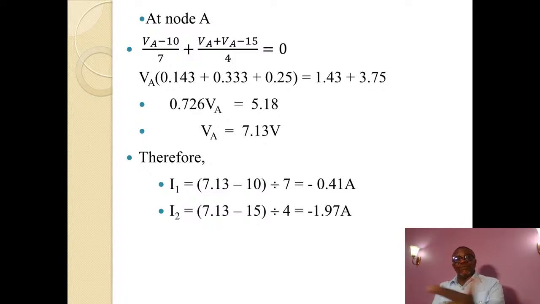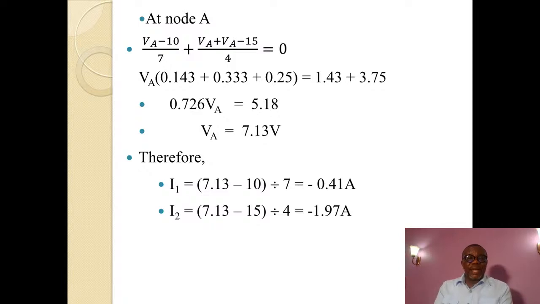So if you solve for VA in that equation, you get 0.726 VA equals 5.18, in which case VA is equal to 7.13 volts.